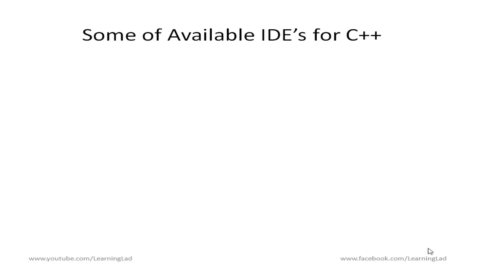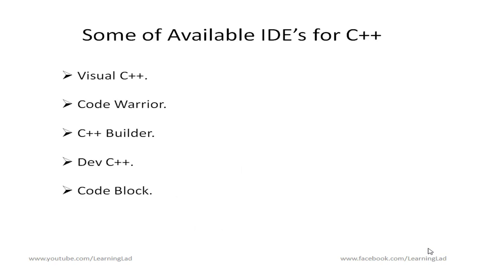Some available IDEs for C++ are Visual C++, CodeWarrior, C++ Builder, Dev-C++, Code::Blocks, and many others. We're gonna use the Code::Blocks IDE in our upcoming videos, because Code::Blocks is available for all the platforms, Windows, Mac, Linux, and also it's very simple to set up.